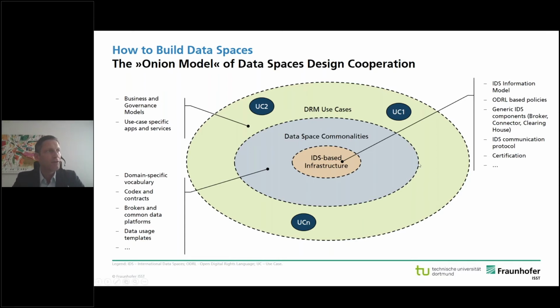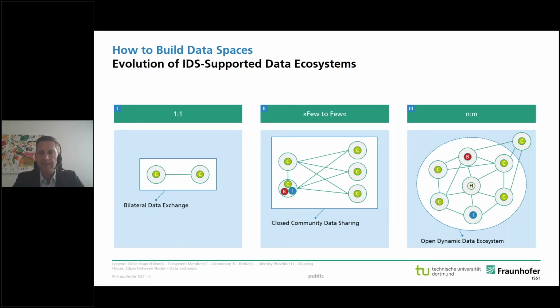So if we move ahead and see that, of course, these data spaces are not just there, right? They usually evolve in certain stages. People start with bilateral data exchanges, for which they would not really need all the shared services and infrastructure mentioned.